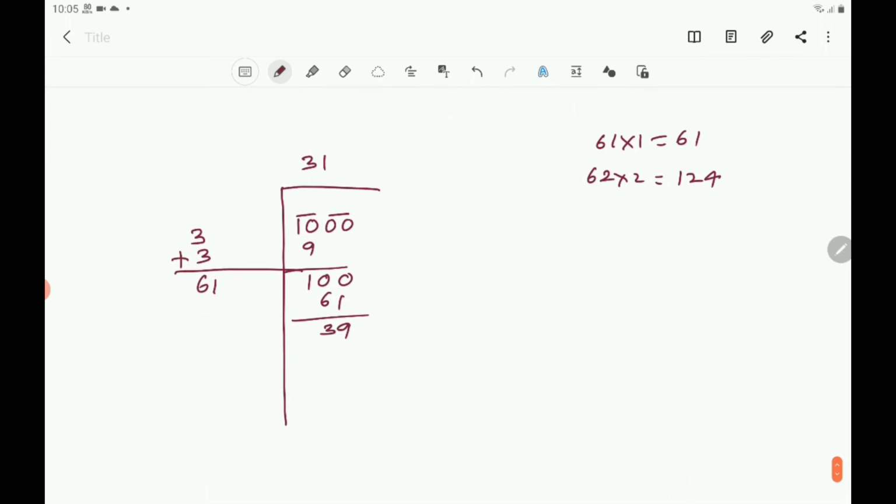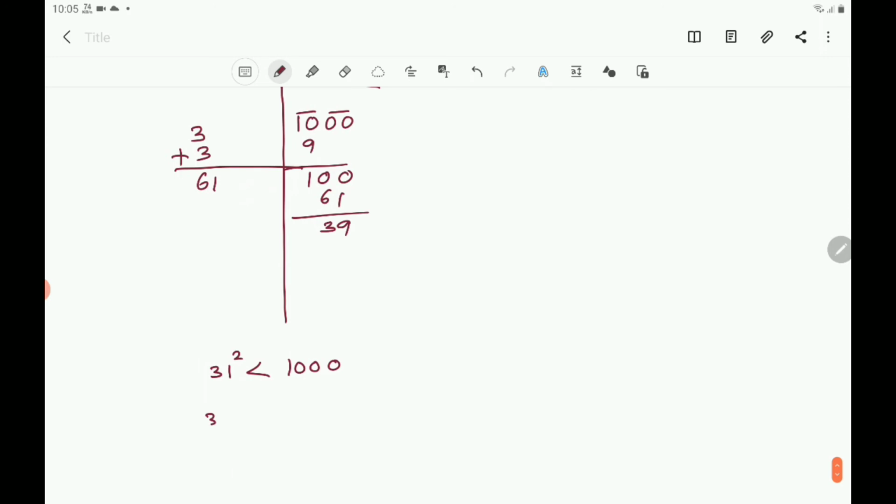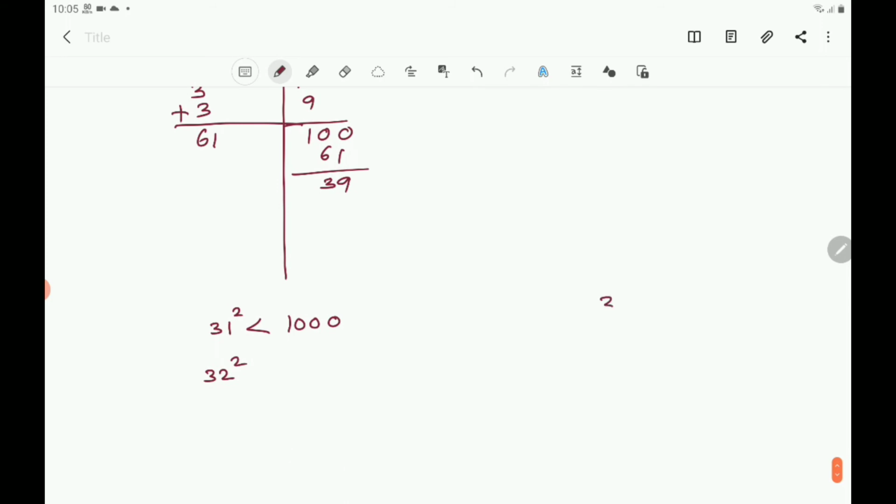And you know that 1000 is greater than 31 square. 31 square is smaller than 1000. So the next square you take, 32 square. 32 square equals 32 into 32, that is 2 into 32 is 64, 64 plus 32 into 3 is 96, 6 plus 6, 12.